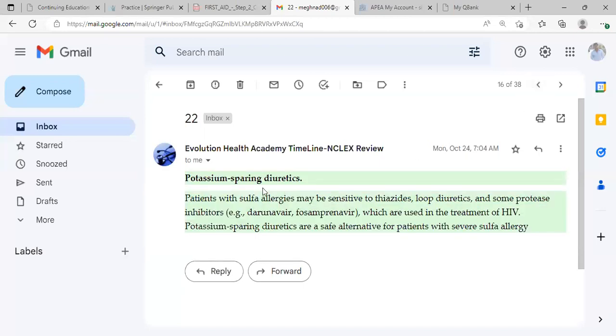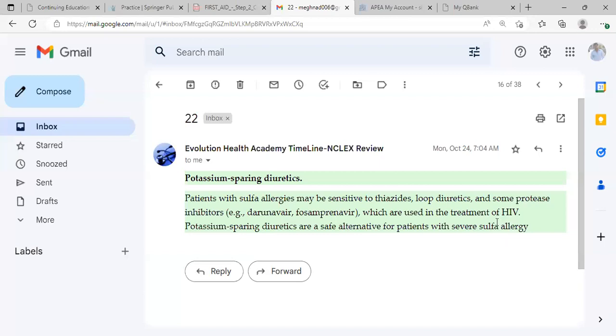Another piece of information here is potassium sparing diuretics. A patient with a sulfur allergy may be sensitive to thiazide, loop diuretics, and some protease inhibitors. So what could we do? Potassium sparing diuretics are a safe alternative for patients with a severe sulfur allergy.